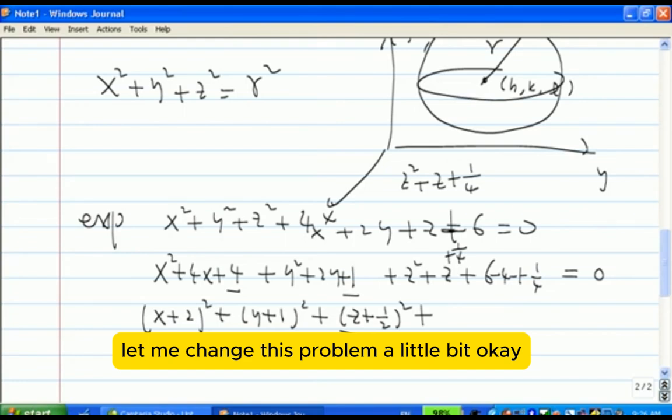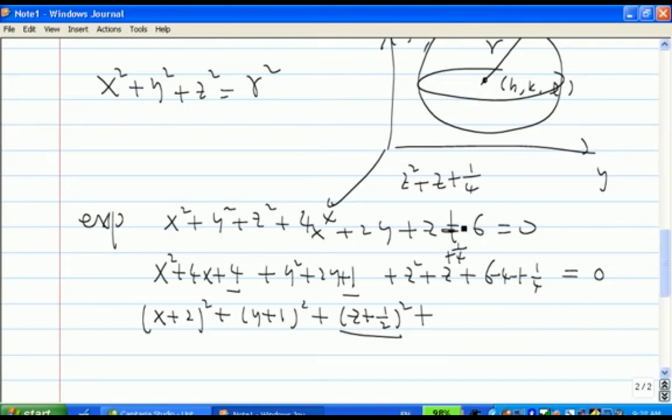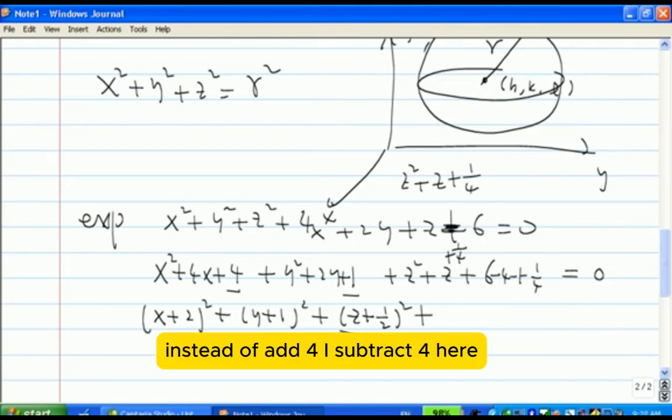Let me change this problem a little bit. Instead of adding 4, I subtract 4 here. Let's subtract 6. So we have minus 6, minus 4, minus 1. So we get minus what? Minus 11.